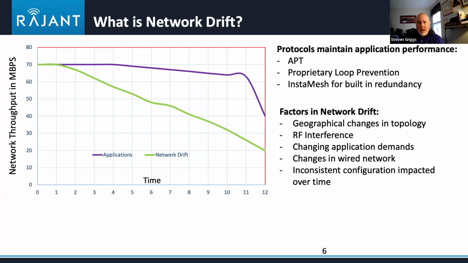And I say as possible because, as we talked about previously on the previous slide, there are many factors that can come into play that could potentially start to disrupt that. So as you can see in this graph here, we have our application performance that's running at a fairly consistent rate up until the time when it doesn't. And as you can see, the green line here, that's the indicator of network drift.